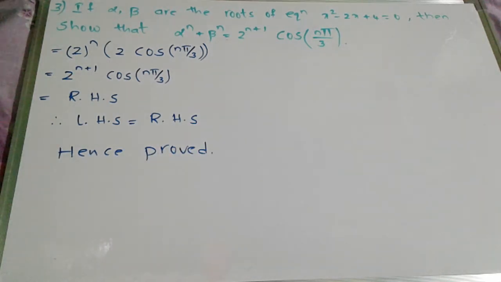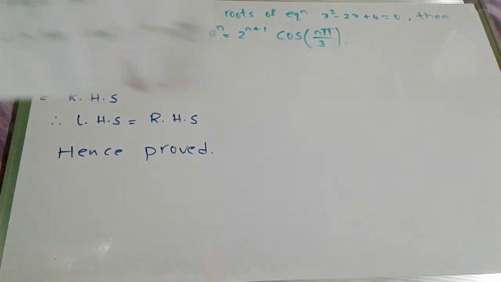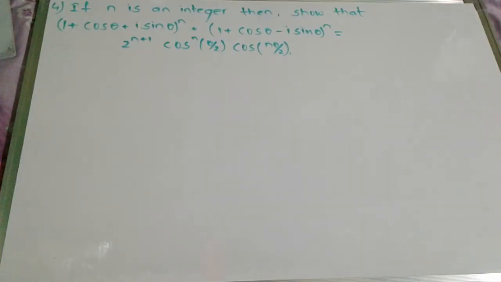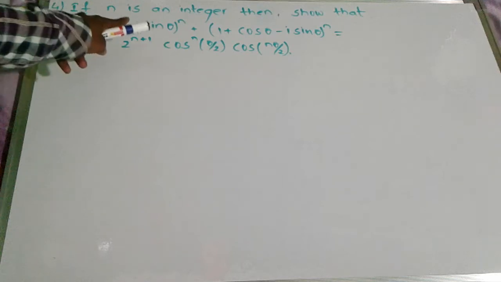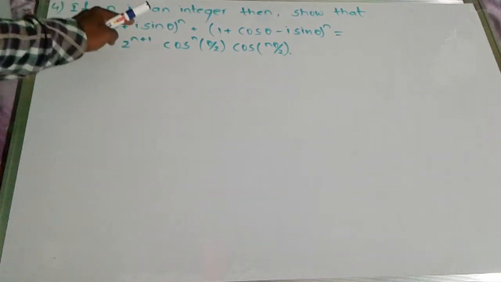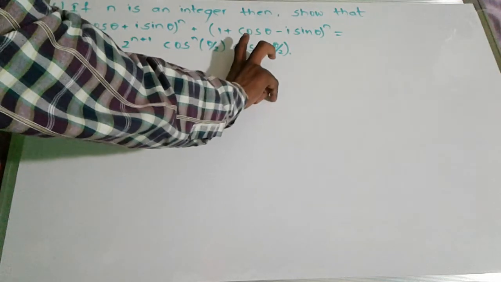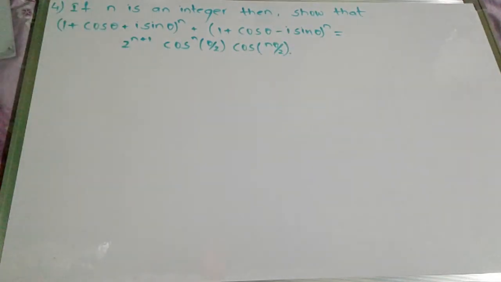Yeah. Now coming to the fourth one. This is the last question of level 1. Okay guys, to solve this problem, first we have to solve this 1 + cos θ + i sin θ and this 1 + cos θ − i sin θ, and then write them in polar form and apply de Moivre's theorem.